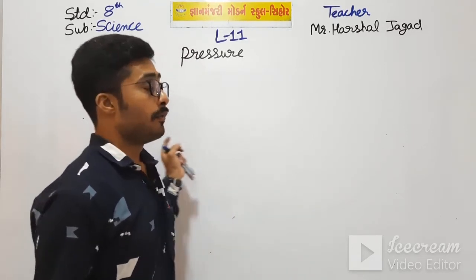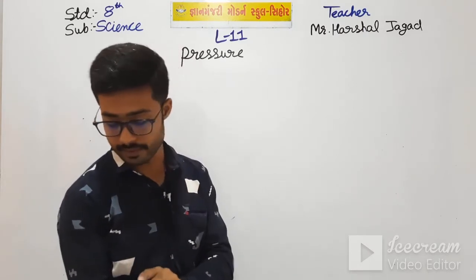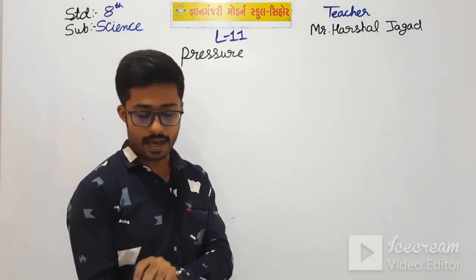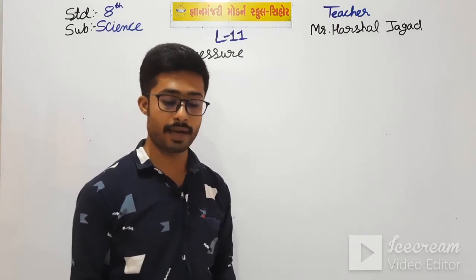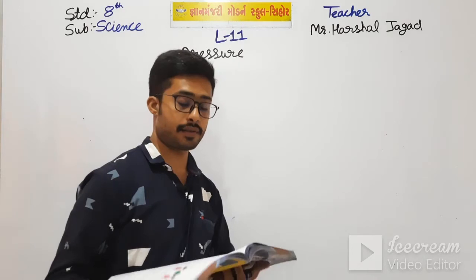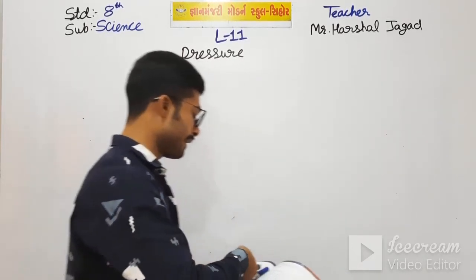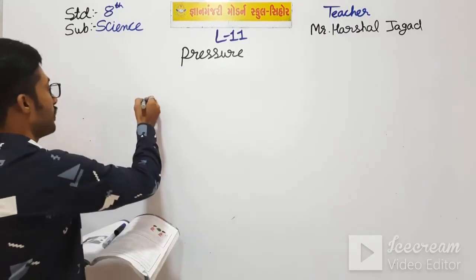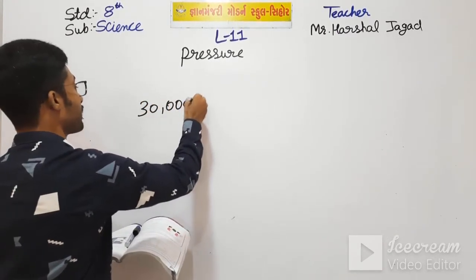So we have seen both examples. In the first example, on page number 133, example A, we got a pressure of 30,000 Pascal.